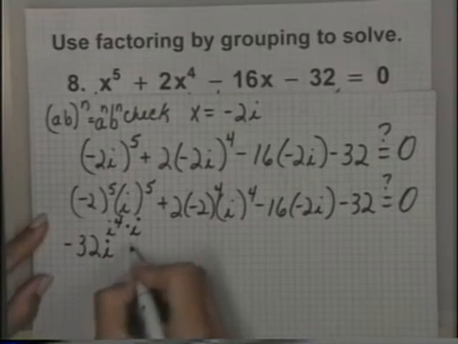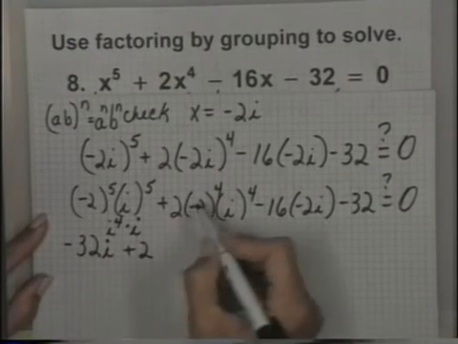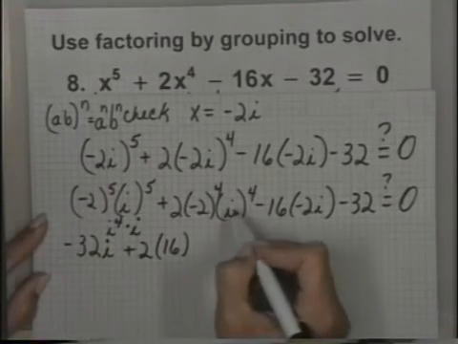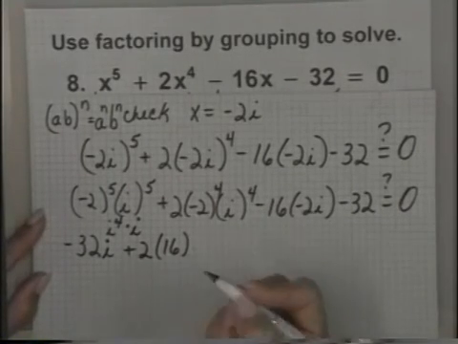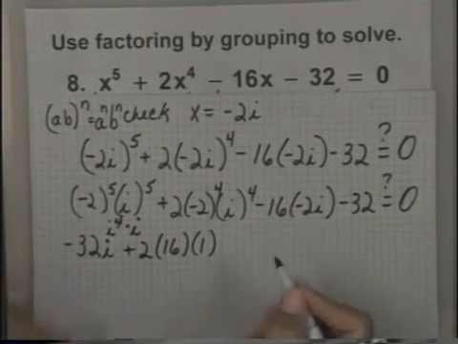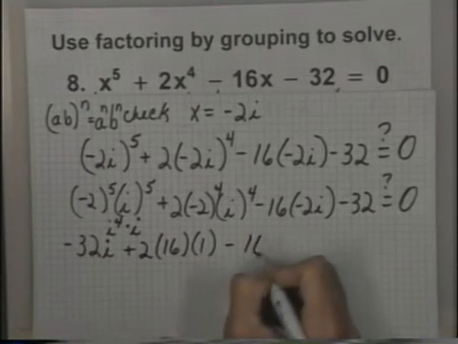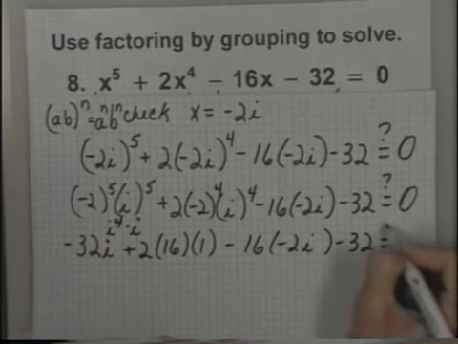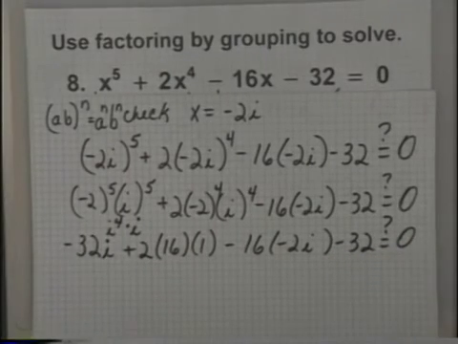Let's see, we'll have plus 2, negative 2 to the fourth is positive 16. i to the fourth is 1. Now I think we have completed raising everything to its powers.